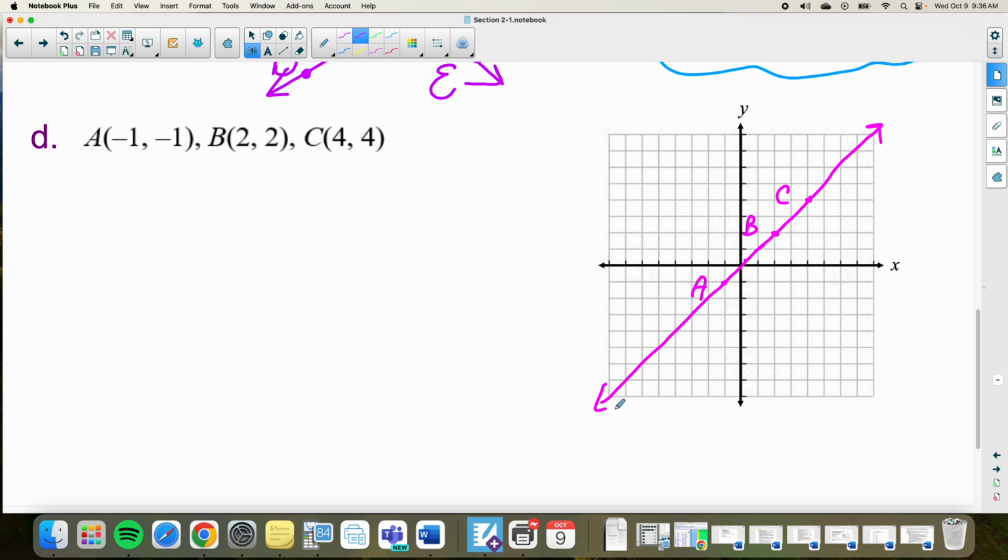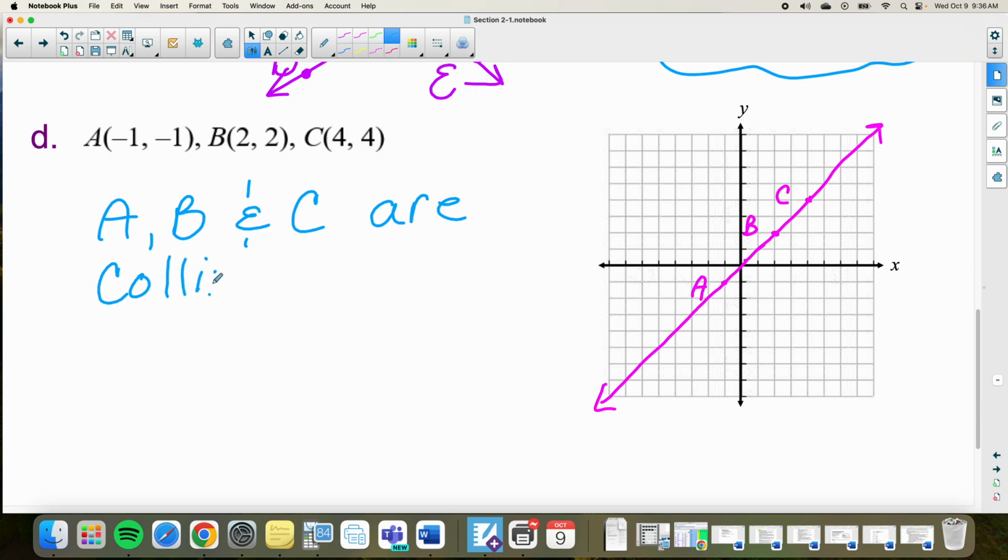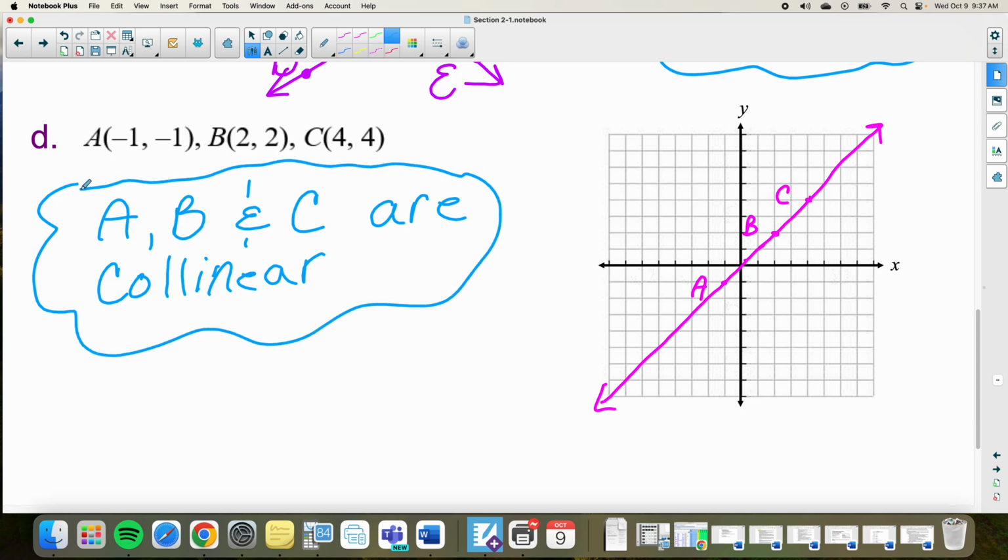Okay. And we can say over here that A, B, and C are collinear. And then it would be true what Isla said too, that you could say the measure of angle ABC is 180 degrees. Okay? So you have to be confident sometimes that there's more than one answer.